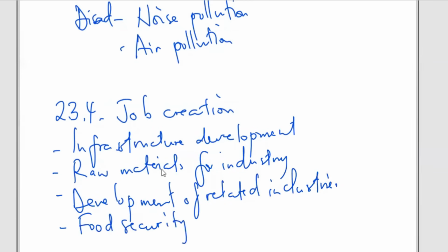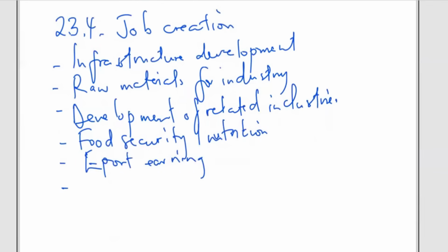People are now assured of food security, and also not forgetting, we talk of nutrition, which is a key element. And we can also look at export earnings. And lastly, but not the least, we can talk of tax revenue.